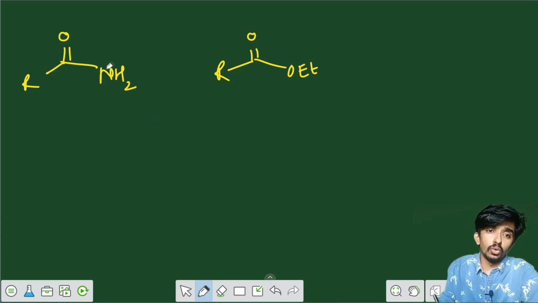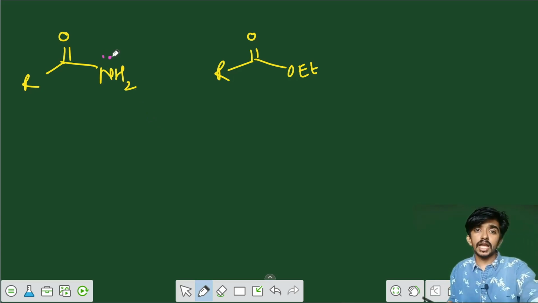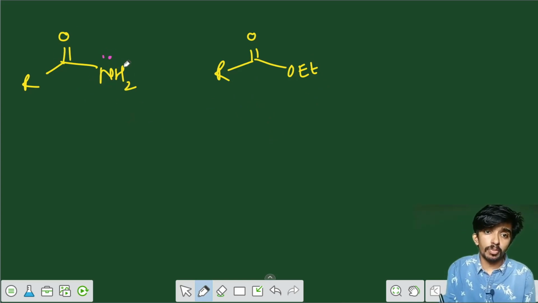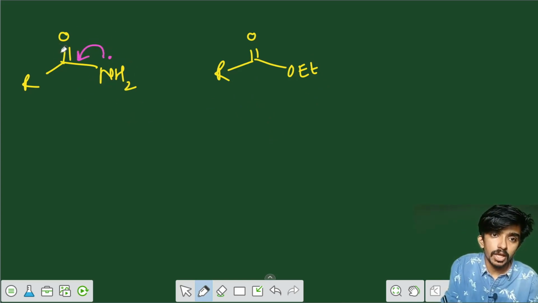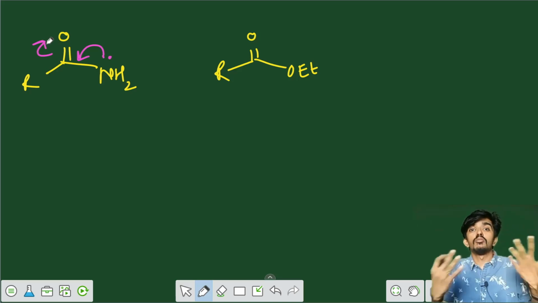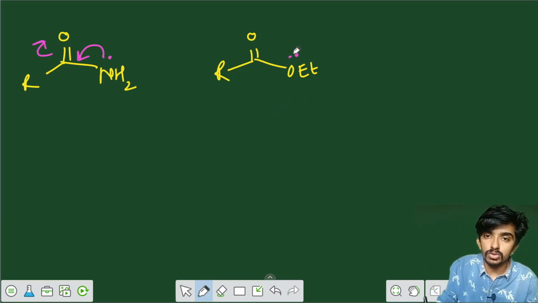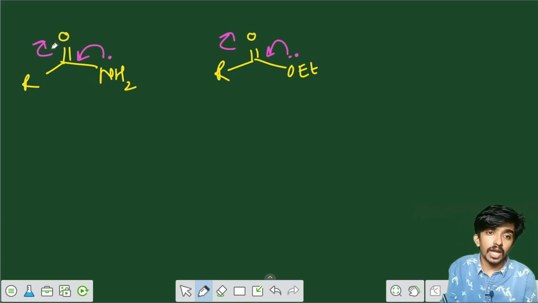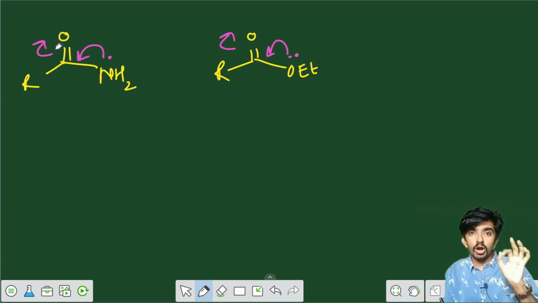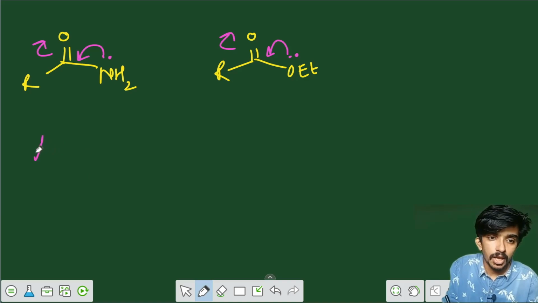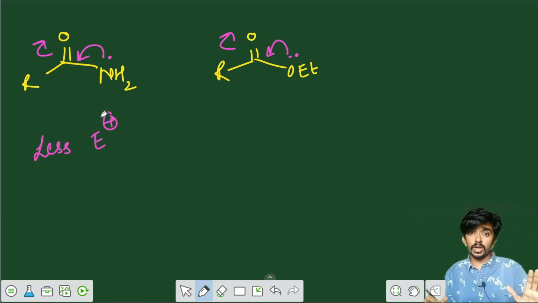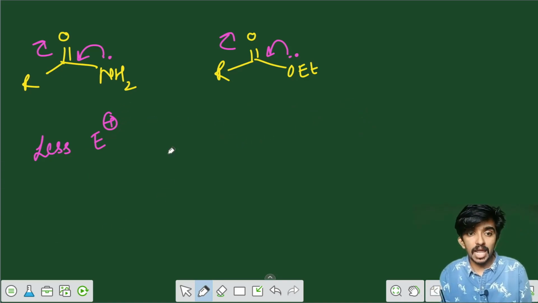So the lone pair on nitrogen has higher HOMO as compared to oxygen. This lone pair of nitrogen will be in conjugation with the carbonyl more as compared to oxygen. As a result, this carbonyl group of amide will be less electrophilic.